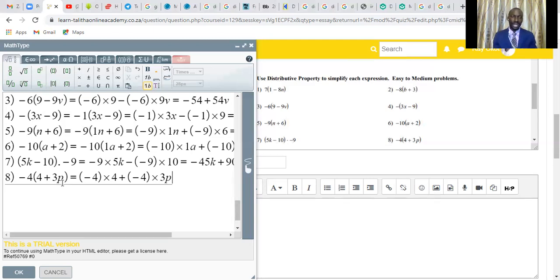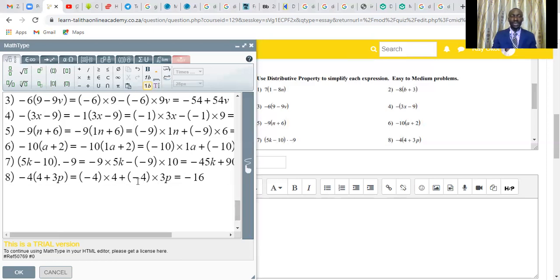So this way then, we can move on to the next step. Now notice that 4 times 4 is 16. Since this is positive and this is negative, the product of the two will be negative. So we will be having minus 16. Then we also have a 4 and a 3p.